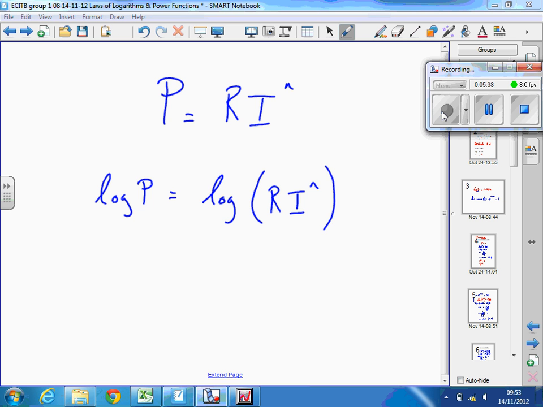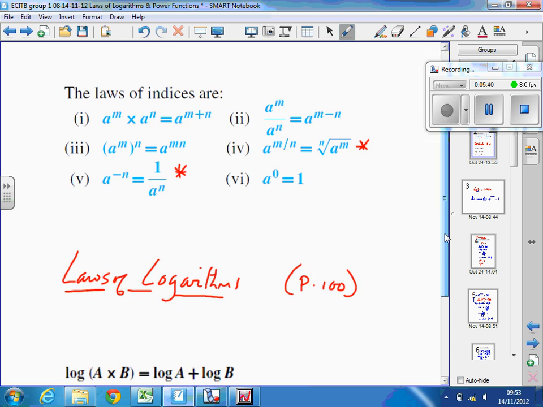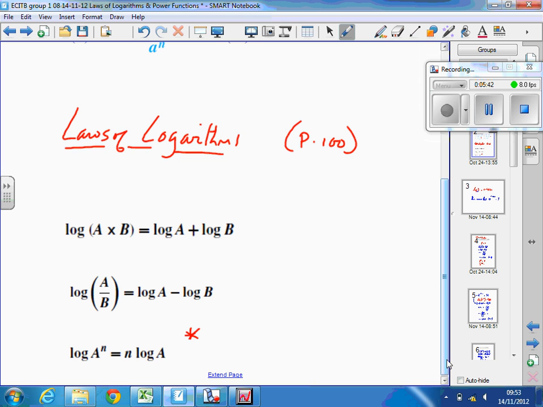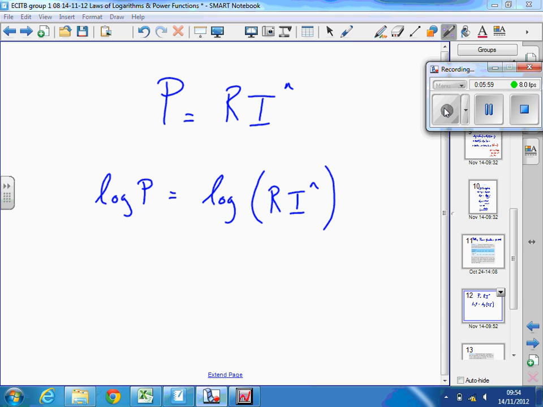Going to our laws of logarithms, there are two that are going to be useful here. One is, if I've got two numbers that are multiplied together, it becomes addition. And the other one is the one that we've been using already, which is when I've got a power raised to another power, i.e. the n's up here, it can come down and become a multiply. So I'm using both of those in this. What we do is, the R times I to the n becomes addition.